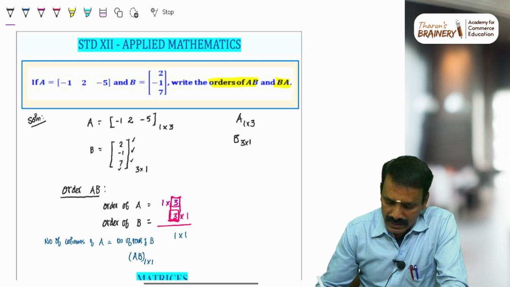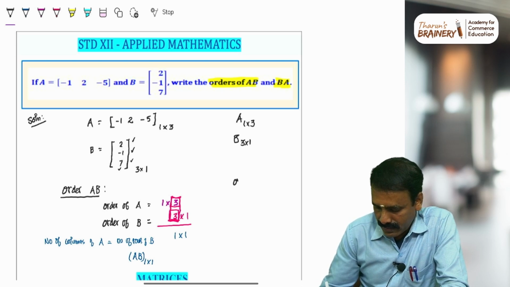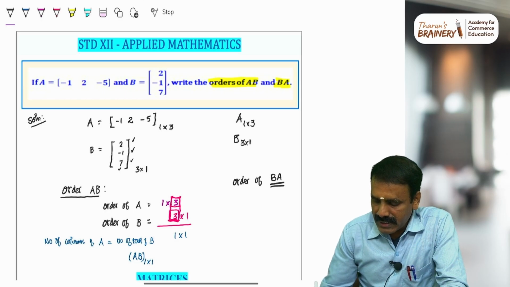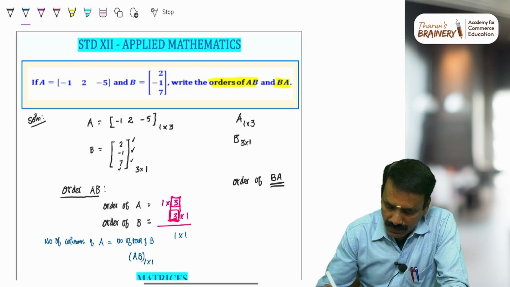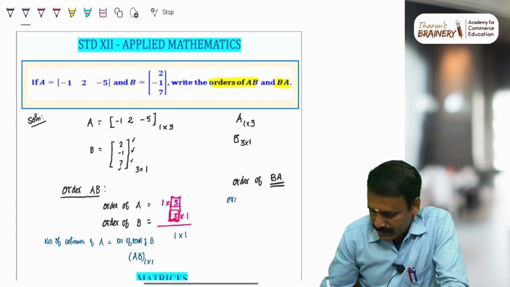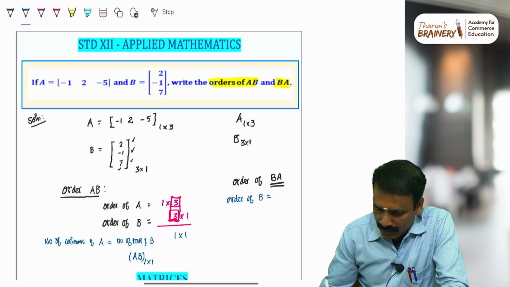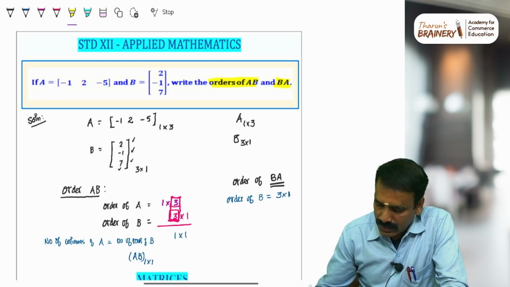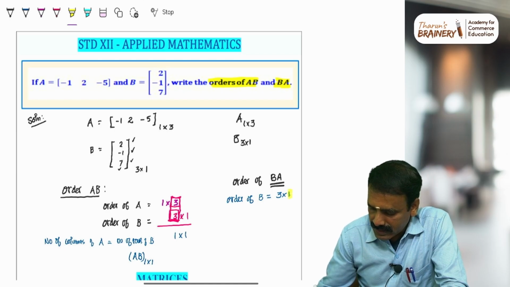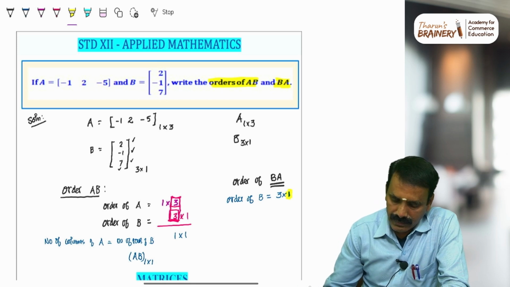Now we are going to consider the order of BA. First we have to check whether BA is possible or not. For that we have to write the order of B. What is the order of B? The order of B is 3 by 1. How many columns is it going to have? Only one column.